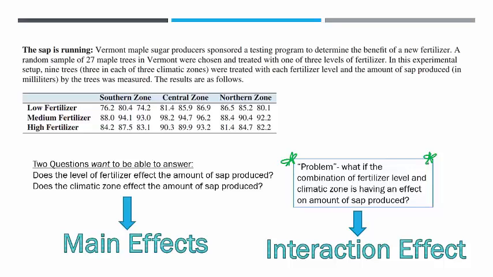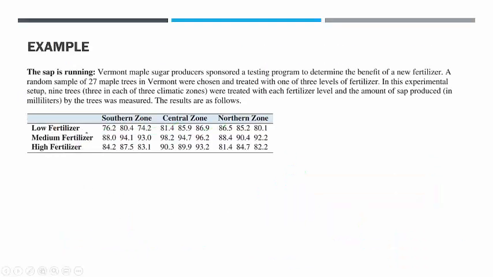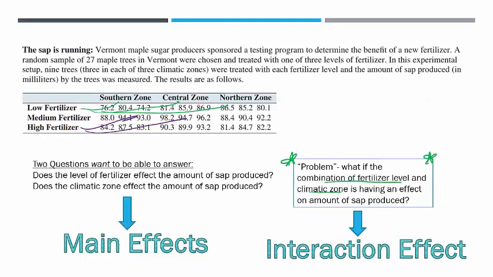And it's this question of what if the combination of fertilizer level and climate zone are affecting one another, right? What if low fertilizer is behaving differently across the three zones, in a very different way than the high fertilizer is acting across the three zones? That's called the interaction effect.